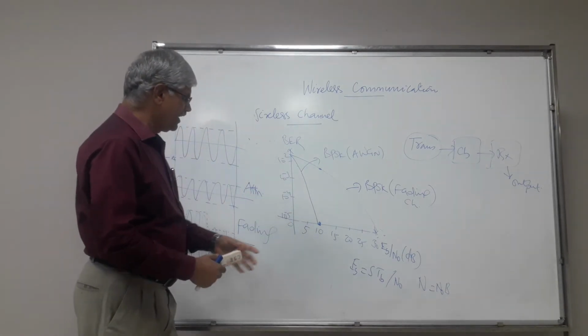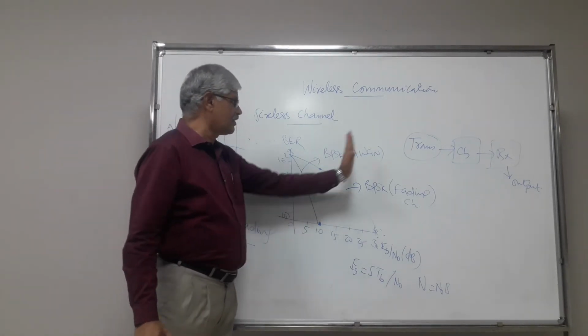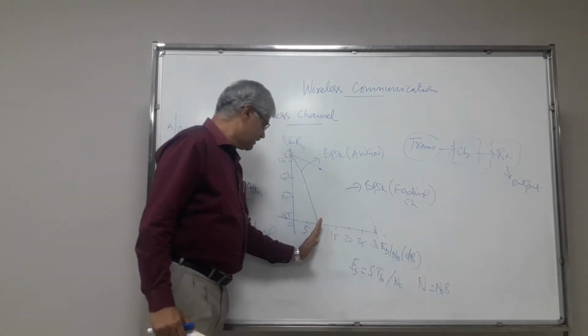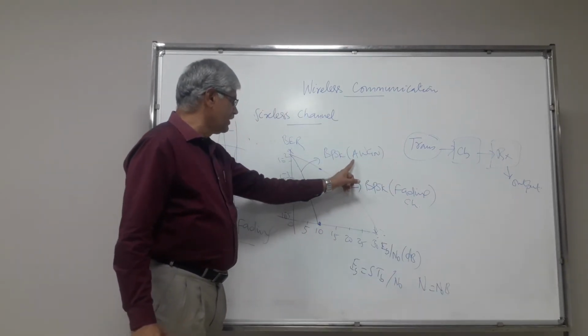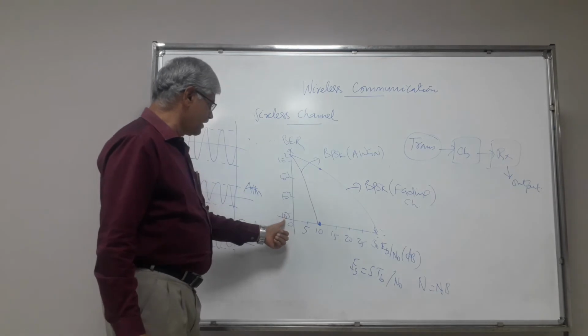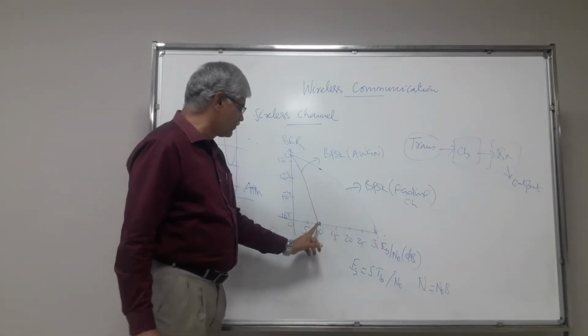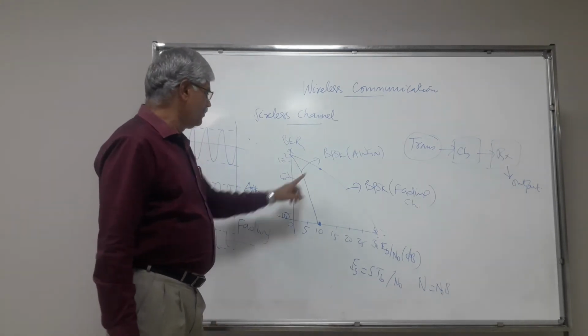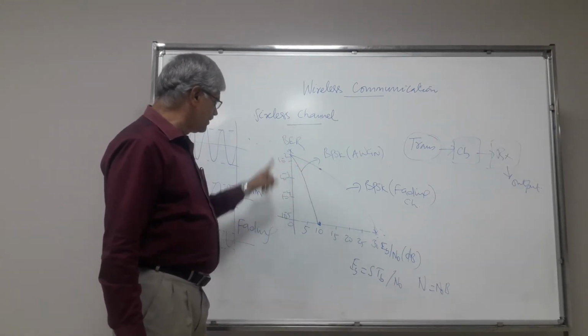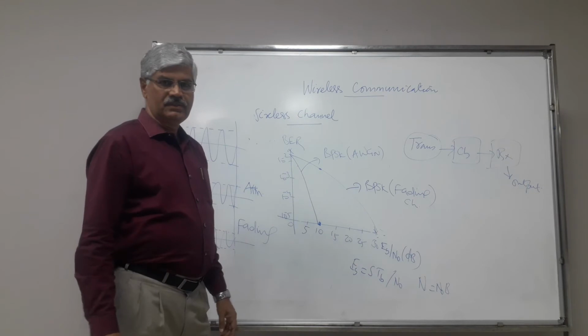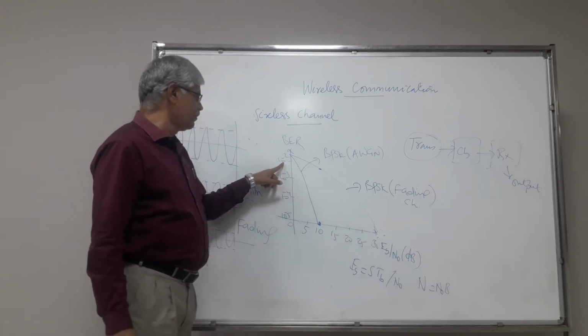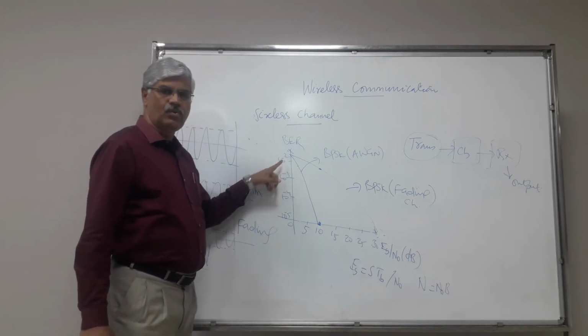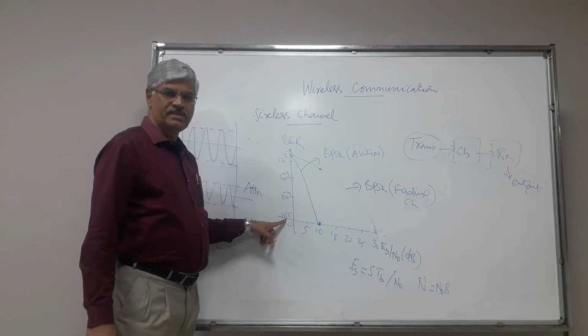So if you look at the same transmitted power, if there was only noise, it was 10 power minus 5. When there is fading also, it is 10 power minus 2, let us say. Now, how to bring this 10 power minus 2 to 10 power minus 5? This is one error in 100 bits. You want to bring it down to one error in 1 lakh bits.